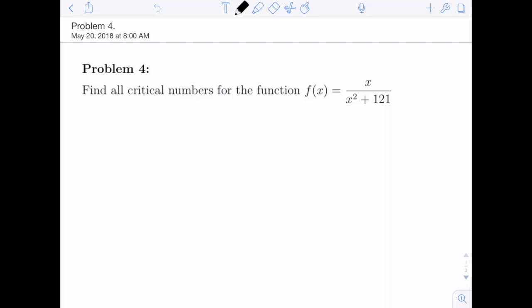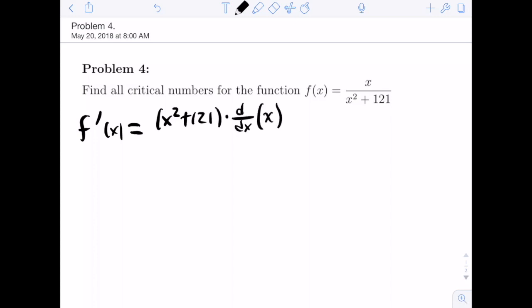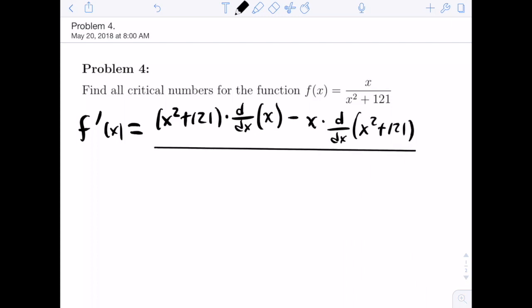So let's see. For the derivative, we can use the quotient rule. That's low d high: low times the derivative of the high thing, minus high times the derivative of the low thing, all divided by the square of the bottom.